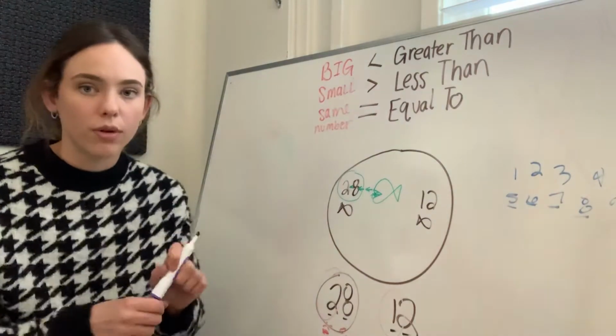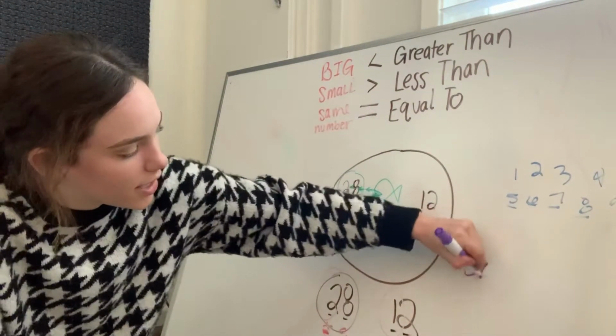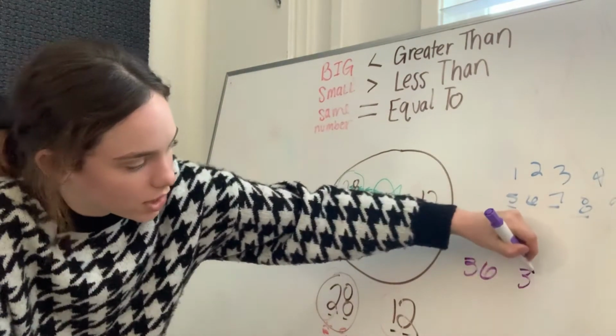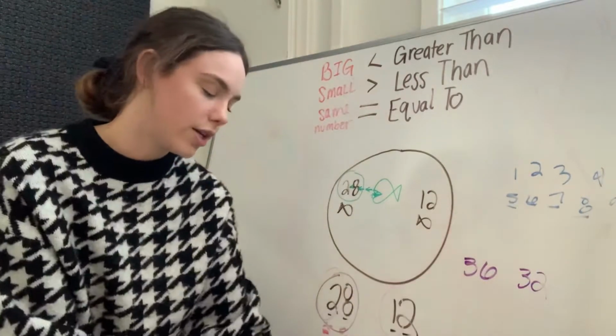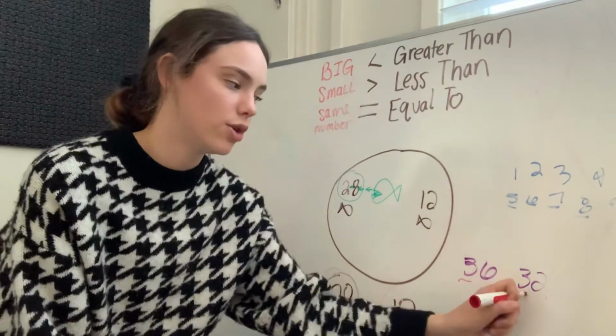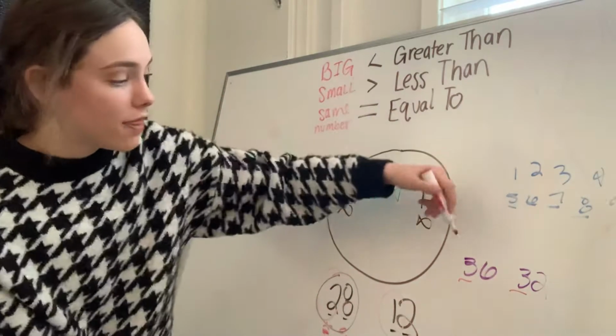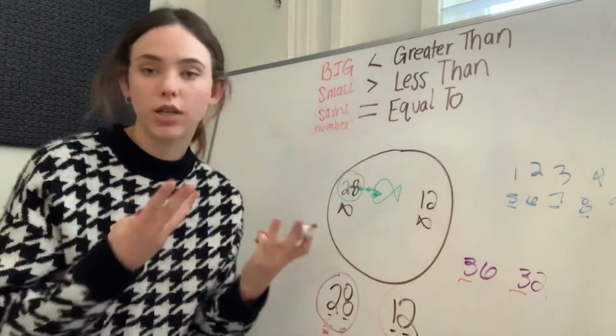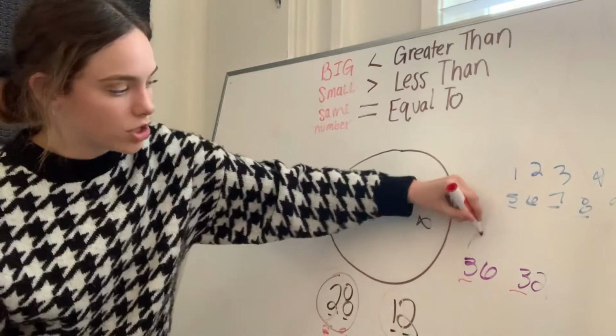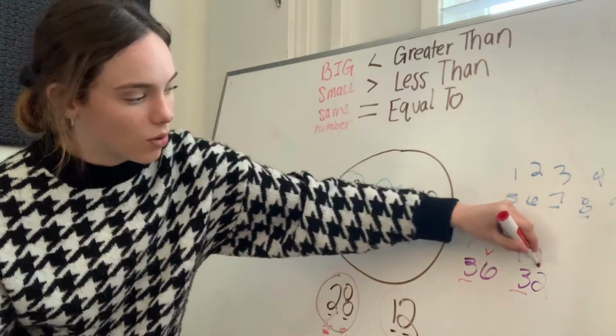But for another example, say we had 36 and 32, and we're starting in the tens, because that's where you always start when you're comparing two numbers. These are the same number, 3 and 3, so you can't really compare them. So then you have to jump over into the ones place value.